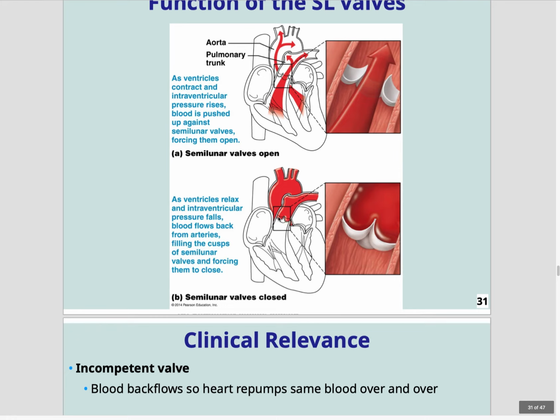If you have a pulmonary regurgitation, or incompetent pulmonary valve, the blood can regurgitate back into the right ventricle from the pulmonary trunk. Now, if you have an incompetent tricuspid valve, this is when the blood can be regurgitated from the right ventricle back into the right atrium. Similarly with the aortic valve and your bicuspid valve.